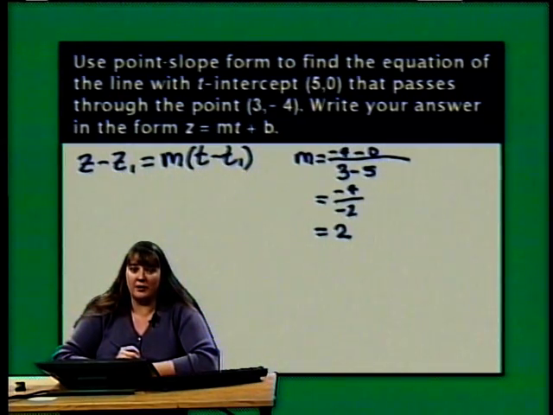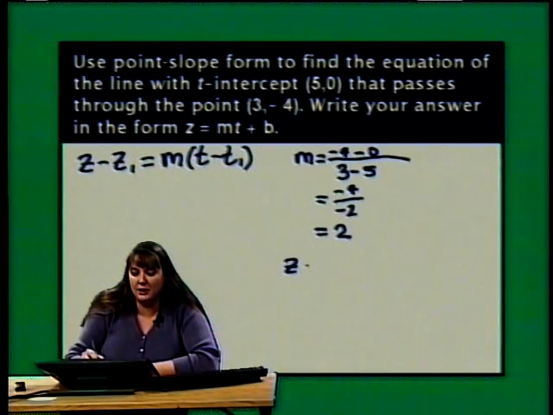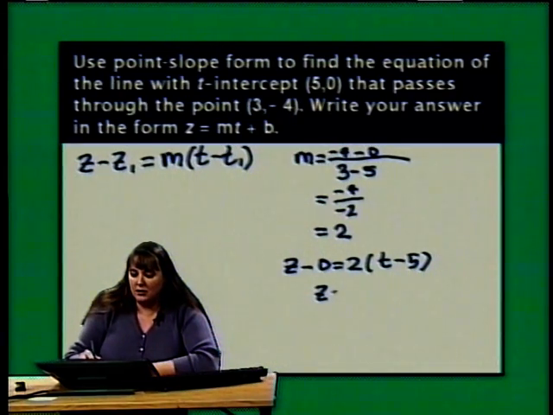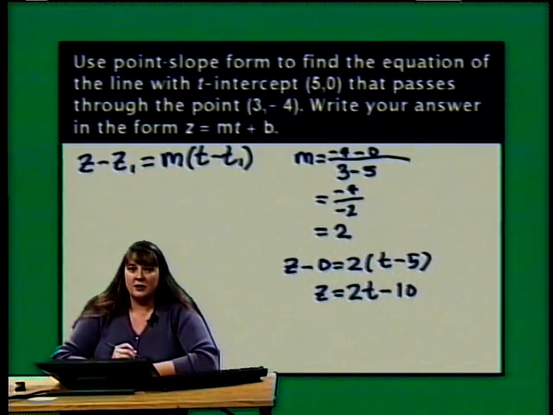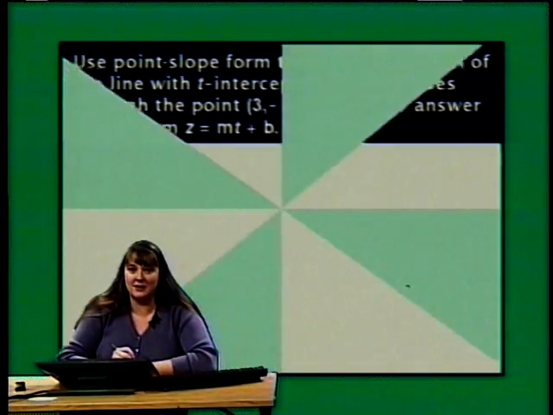I'm going to look at the point 5, 0. Substituting the slope of 2 and the point 5, 0 in the point-slope form, we have z minus 0 equals 2 times the quantity t minus 5. Solving for z, we just get z equals 2t minus 10. So my proposed linear equation is z equals 2t minus 10.